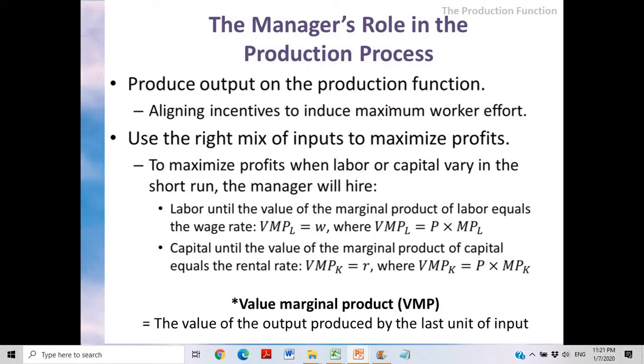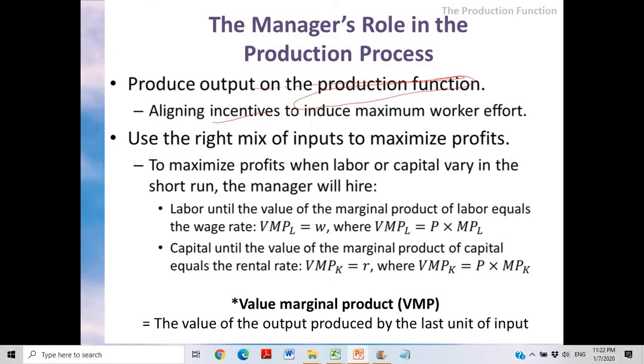Next we look into the manager's role in the production process. First, the role of managers is to produce output on the production function. This is something that we learned last time in chapter 4 about the workers' choice, where the workers can choose between leisure and income. The managers need to give proper incentive to motivate the maximum effort from the workers.